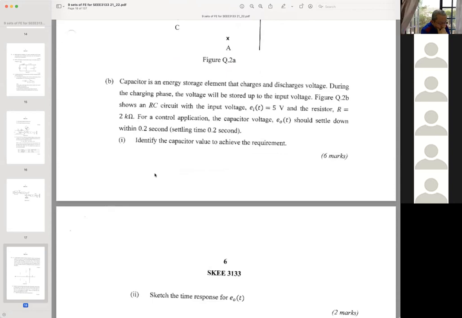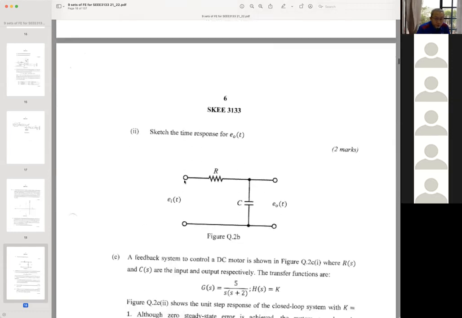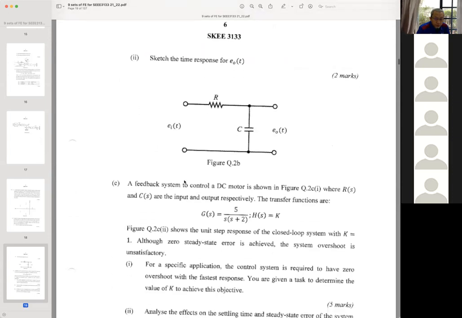For control application, the capacitor voltage E_out(t) should settle down within 0.2 seconds, settling time 0.2 seconds. Number 1, identify the capacitor value to achieve the requirement. Number 2, sketch the time response for E_out(t).